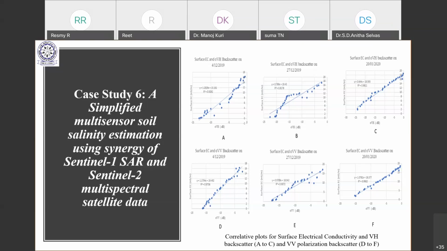So in Punjab, salinity is one of the major problems, because Punjab was earlier a wheat growing state, but now with the green revolution and the cost of rice and many other economic factors, Punjab people started to grow rice in much larger quantities.